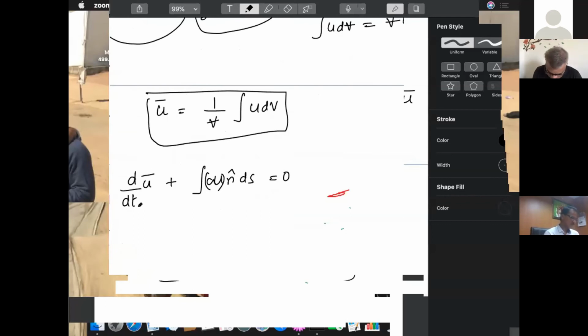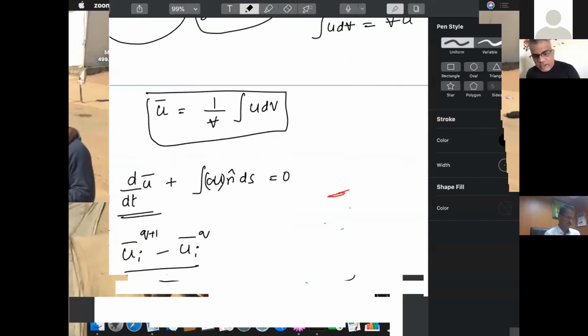Now this can be written as u bar i at q plus 1 minus u bar i at q, by delta t, as I did in finite difference method, plus this surface integral. I can write this integral as approximately a summation. Integral is nothing but summation. So i equals 1 to the number of faces in the control volume. How many faces in the control volume? In 1D you'll have 2.